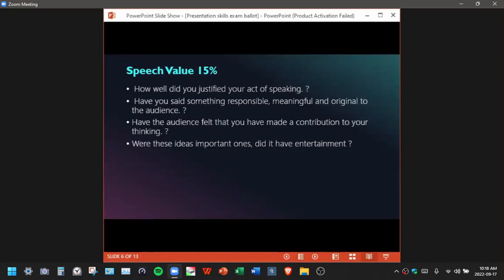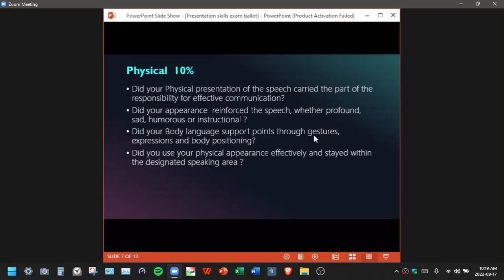This is basically about the speech value, the value of the presentation which you are delivering. And then for physical presence, you will get 10 points.